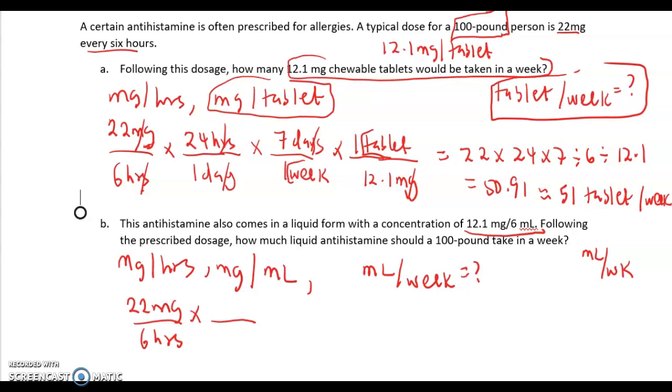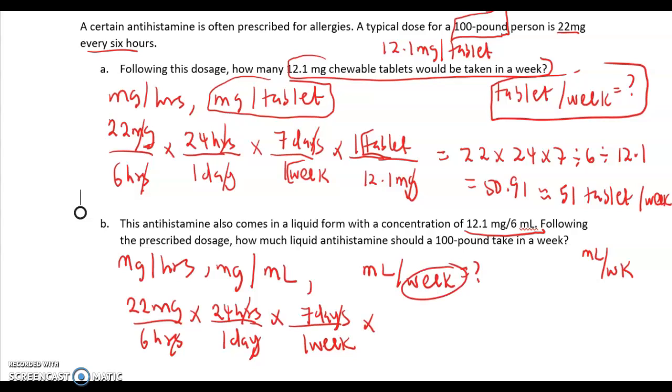Then we can go from days to what? Weeks. So the relationship between hours and days is what? 24 hours has what? 1 day in it. And the relationship between days and weeks is 7 days is equal to what? 1 week. We have week at the bottom, so that part is done.